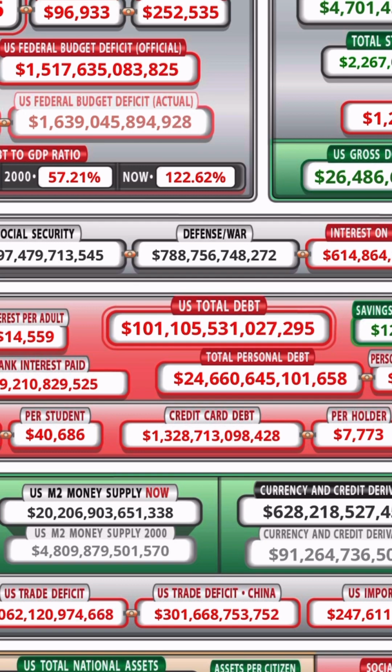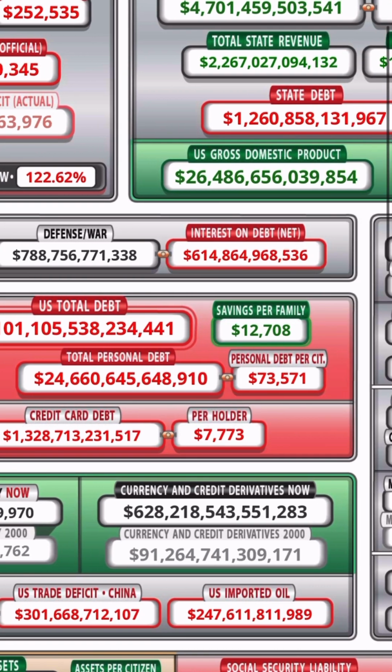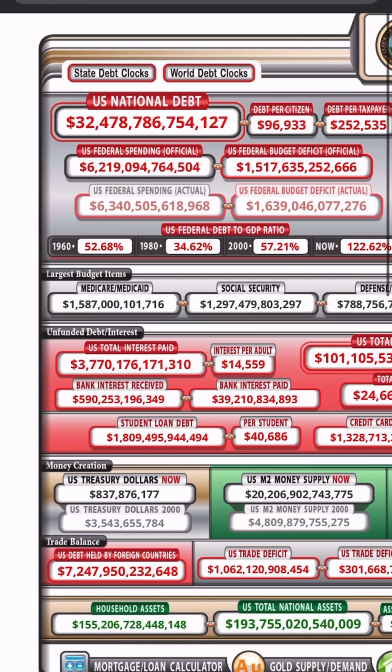That is the total money spent for all branches of the military, including black budgets, equipment, operations, personnel, and war. So we're spending close to $1 trillion in defense. And then the interest on debt is basically what's owed from bonds and treasury notes, and that's the interest. That's all on our budgeted items.